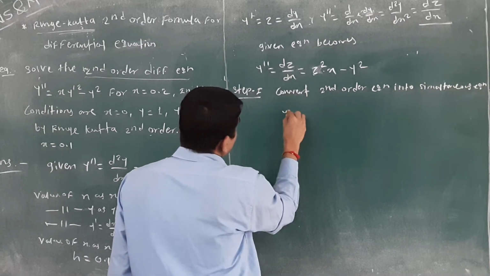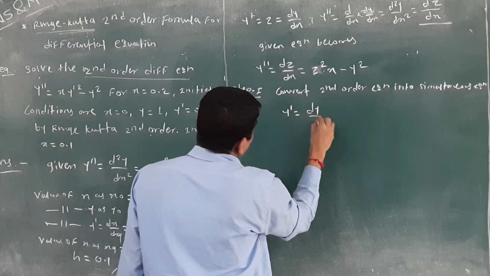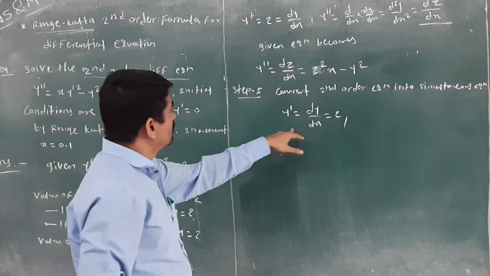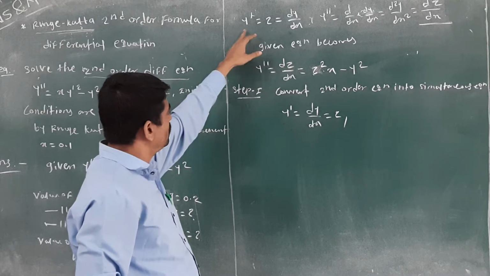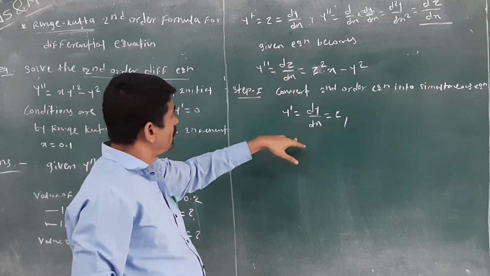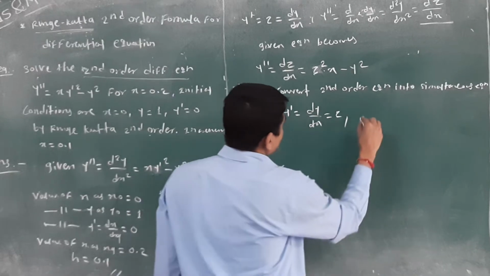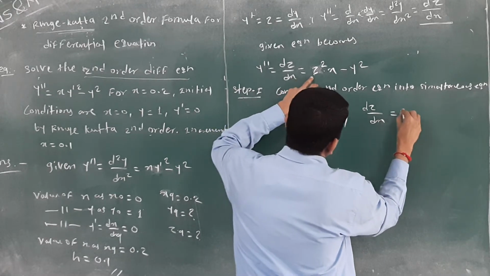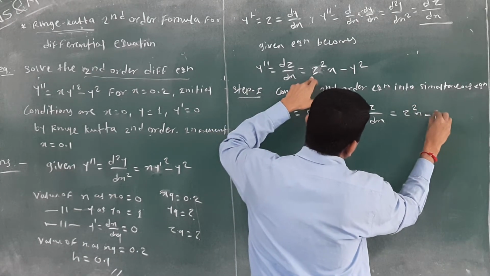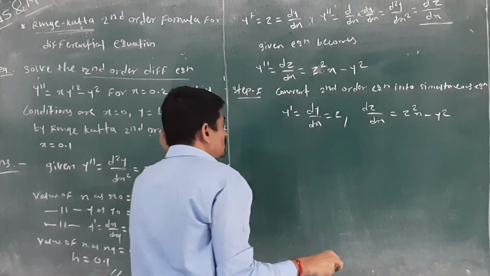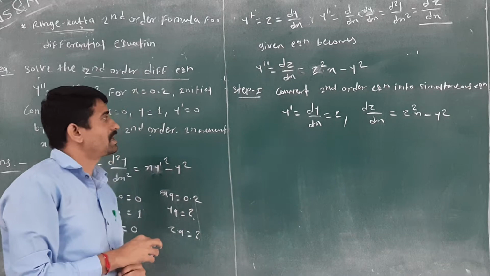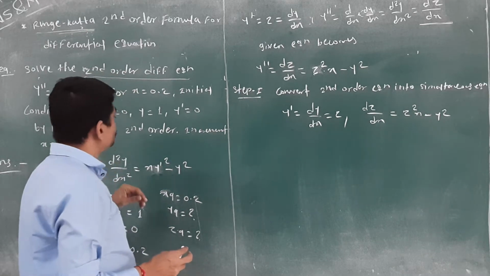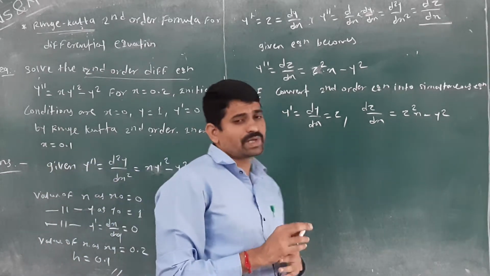You know y dash is equal to dy by dx is equal to z. Then we get two different equations: the first, y dash is equal to z is equal to dy by dx; the second, dz by dx is equal to x z square minus y square. You have to convert the given second order equation into simultaneous equations. If you are given a fourth order equation, then again you have to use the same method.